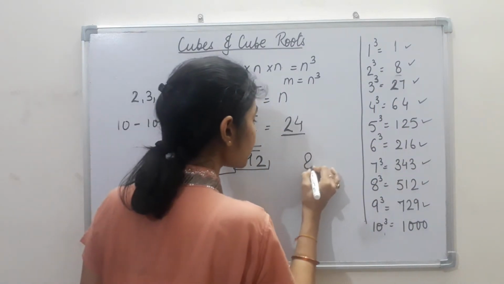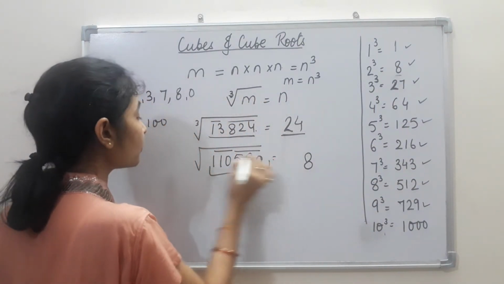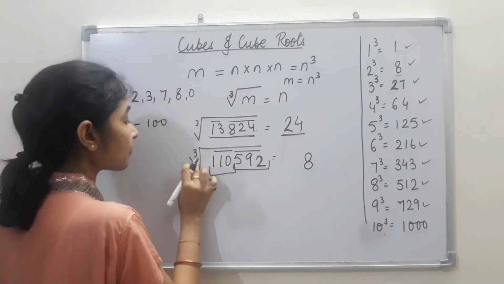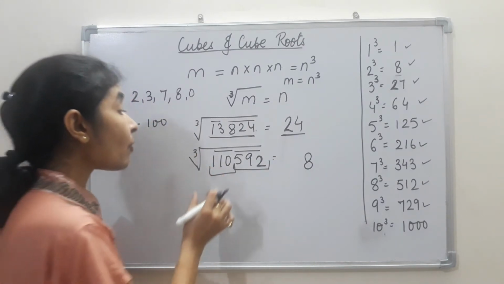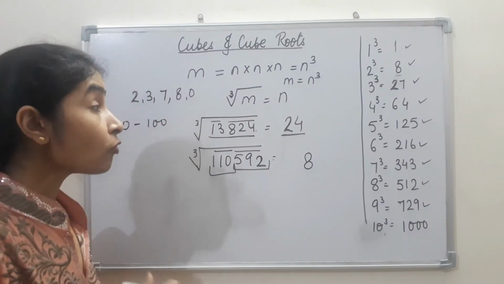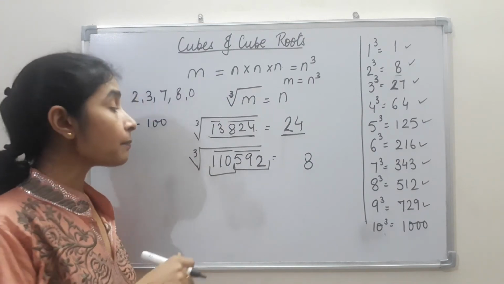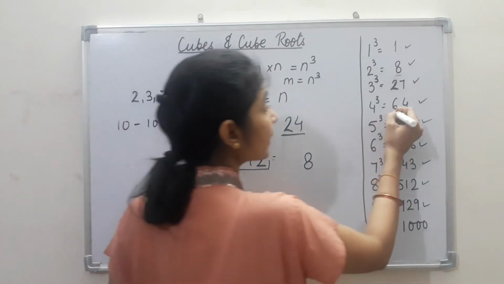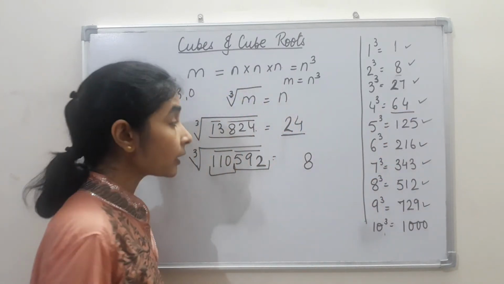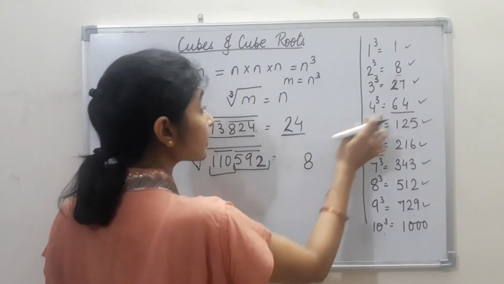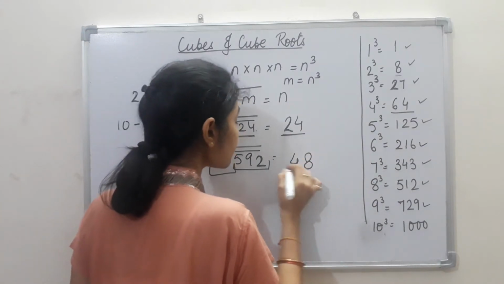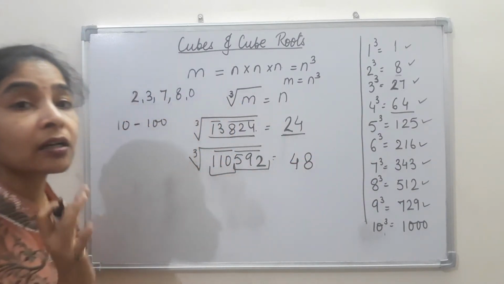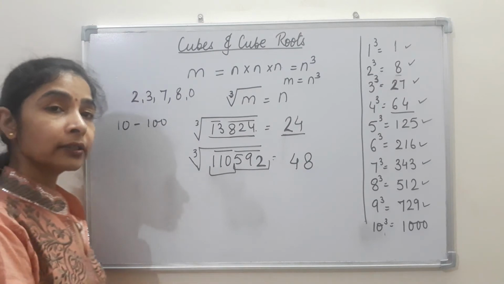So the units place digit will be 8 in the cube root of this number. Now 110 is there. Which is the perfect cube less than 110? That is 64. Here 64 is the cube of 4. That means this number can be a cube of 48.